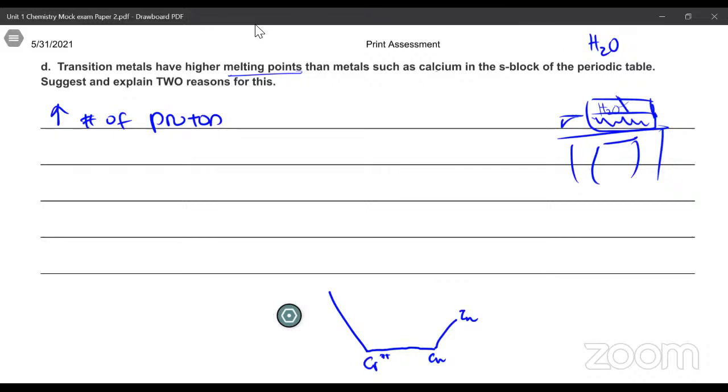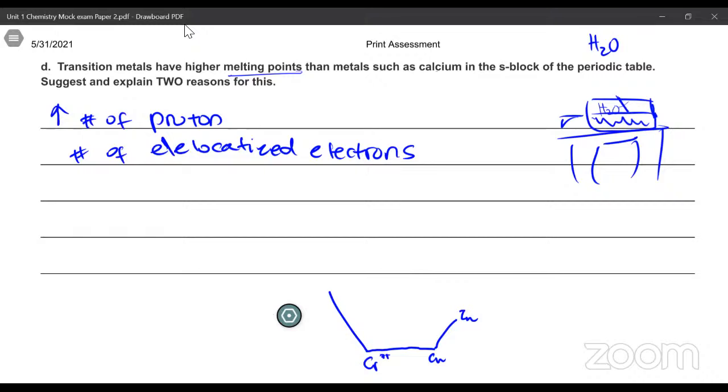With more protons and more delocalized electrons, the attractive forces between the sea of delocalized electrons and the metallic cations make for stronger metallic bonds. Because calcium has less than the transition elements, it would not require as much energy to break its bonds.